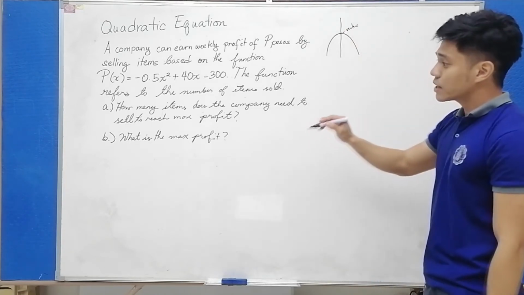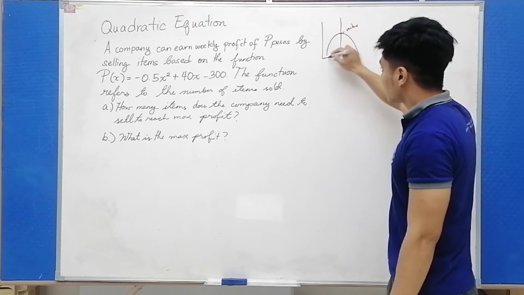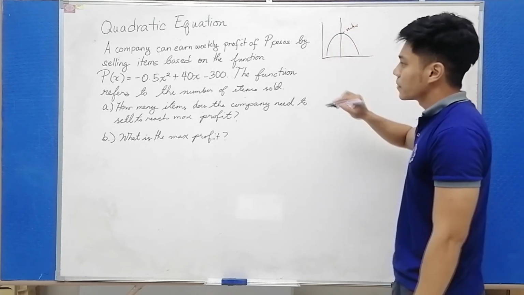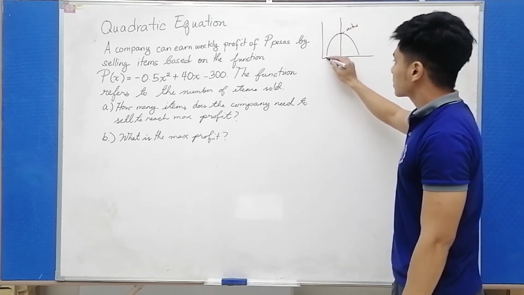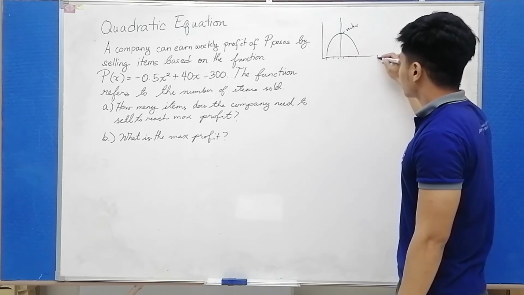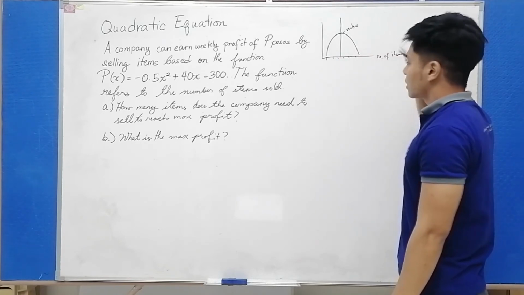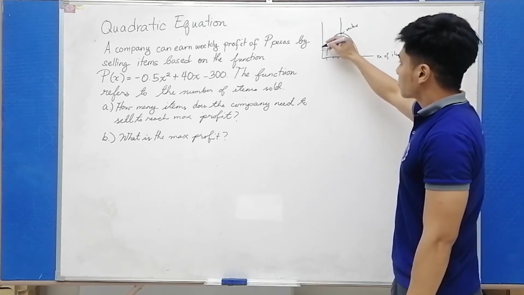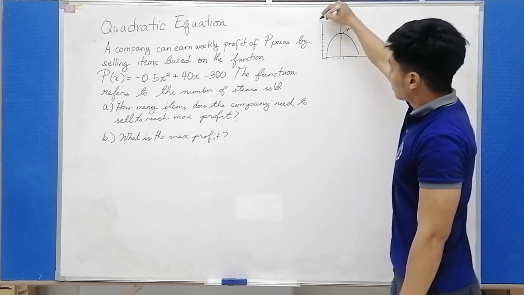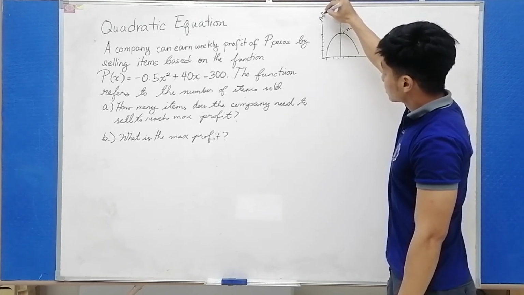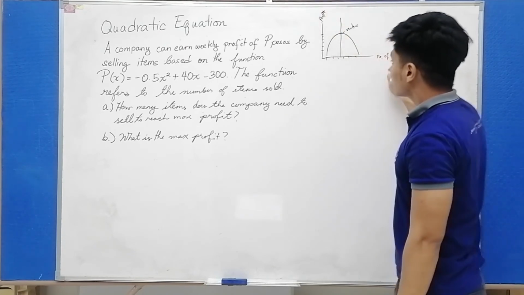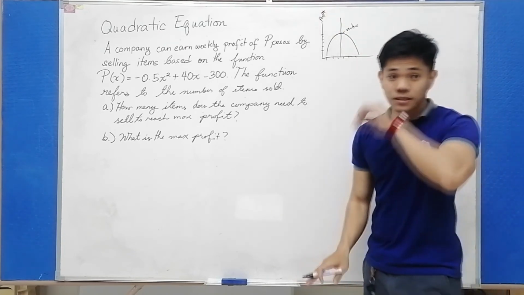If we have a graph like this, this is the number of items over here, and then this is the profit, because the profit is dependent on the number of items, right?